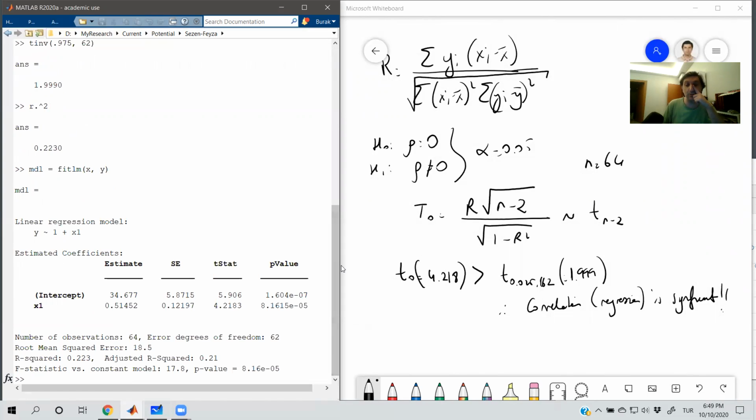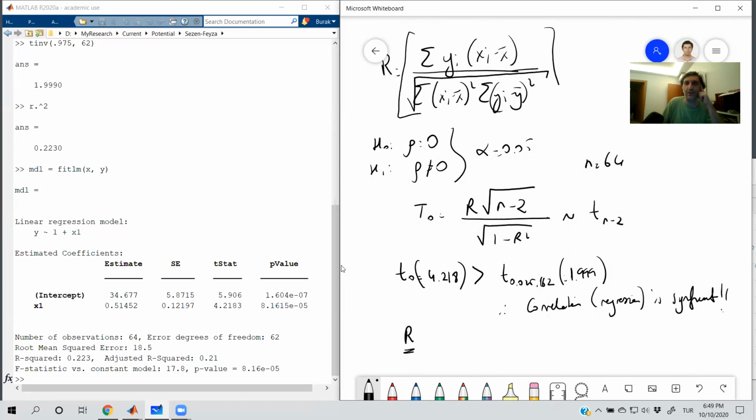That might seem surprising, but it is no coincidence that we use a capital R there. If you compute the R value and take its square, this is going to be our R-square that we have covered in the previous lecture. So when you find the sample correlation and take the square, it's going to be R-square.